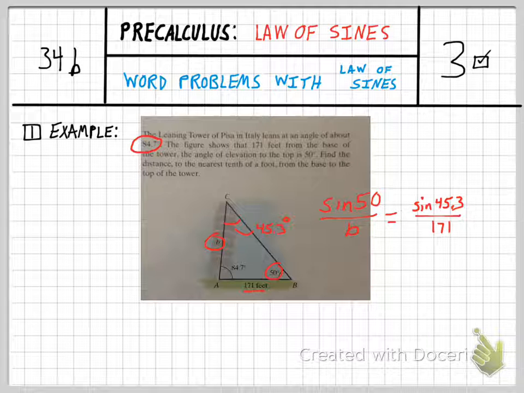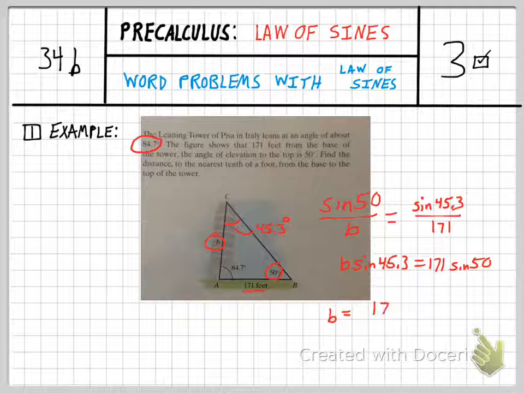I'm going to do the solving by cross multiplication again. So b sine 45.3 equals 171 sine 50. And b, as a final answer, is going to be 171 sine of 50 degrees divided by sine of 45.3 degrees. I'm getting a little sloppy.